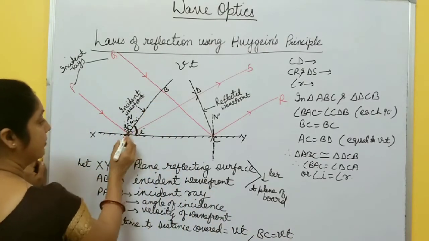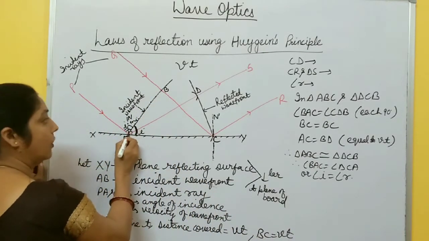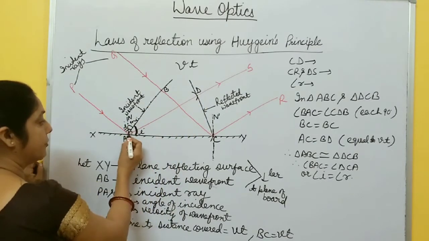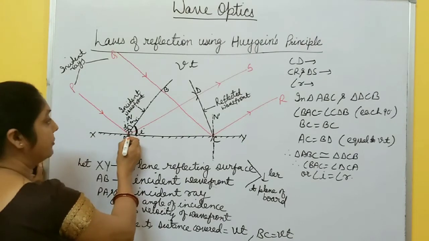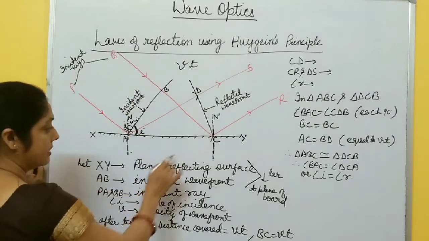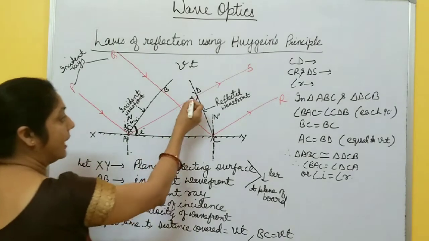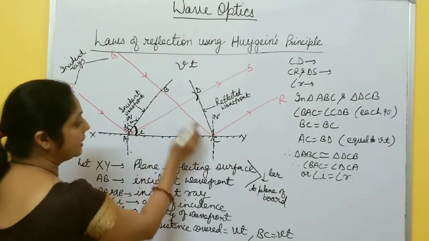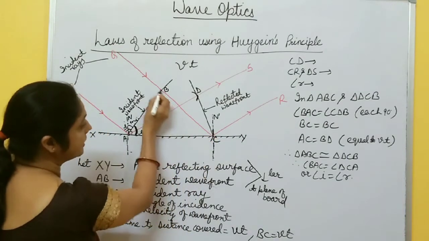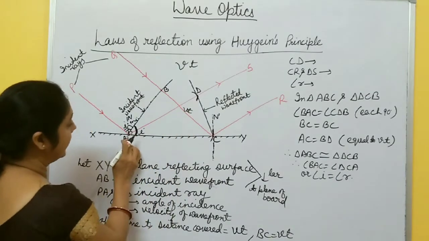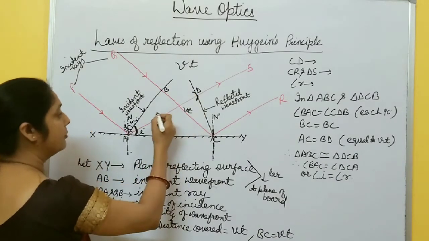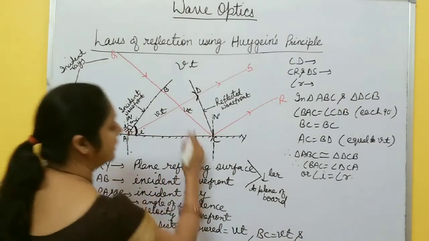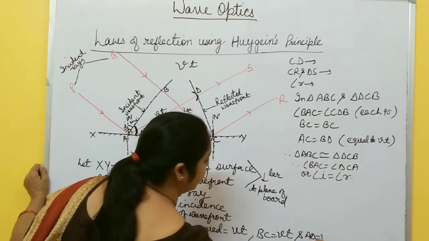At that time, the disturbance from point A also reaches point D, because if it is a point source, then the wavefront is spherical in shape. That secondary disturbance is called a wavelet. So point B reaches point C by travelling a distance BC equal to vt, and at that time A reaches point D by travelling a distance vt; here AD is also vt.